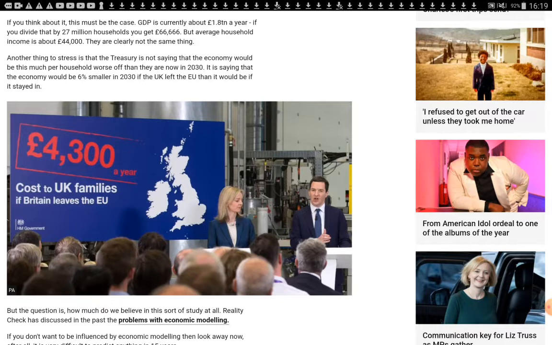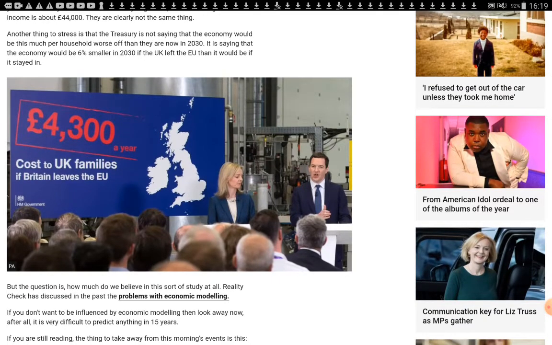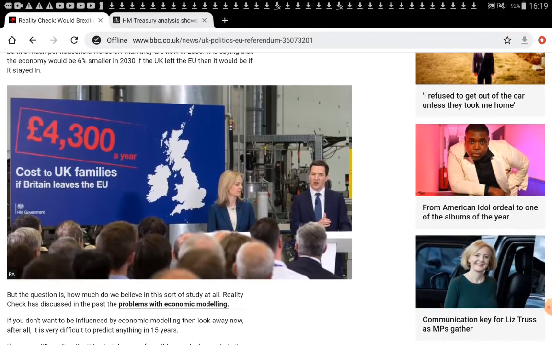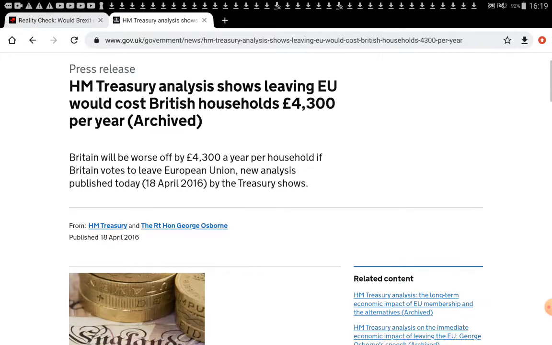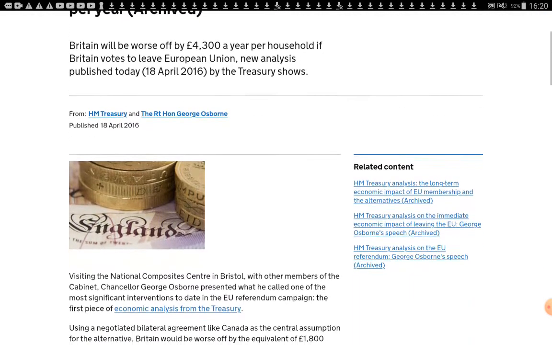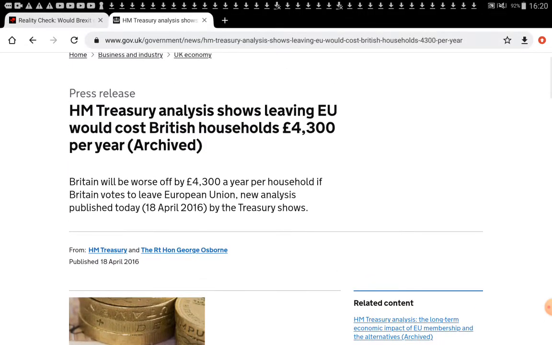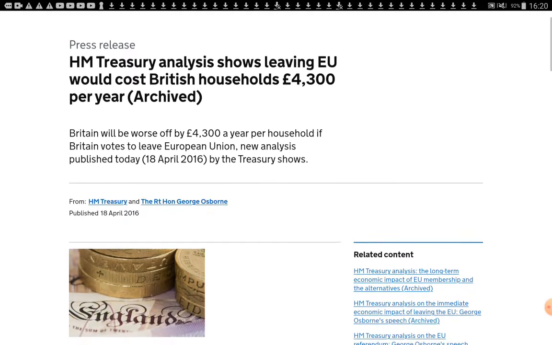And I think the problem is the way the Chancellor was talking about this, and I'll add a URL to a YouTube video of the speech to the description, is that they're effectively reifying the forecast, because we can see in here it makes a very strong categorical statement where it says Britain will be worse off by £4,300 a year if Britain votes to leave the EU.